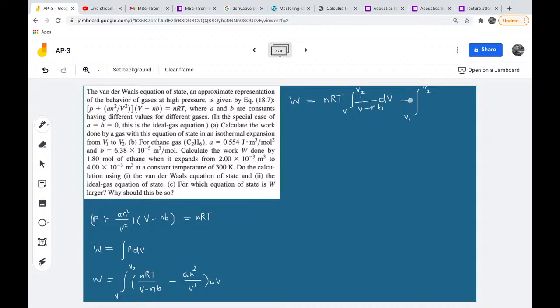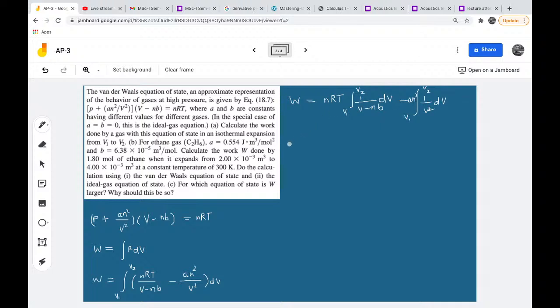So I will write here in small letters an square, and what you are left with here is 1 over V square dV. How do you solve this? Very straightforward. Now you can see that this is a log and this is 1 over V square, so that can be solved easily.